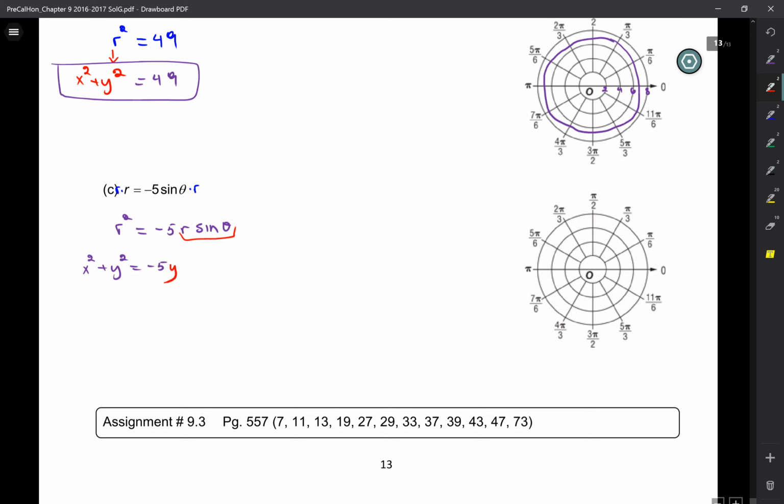Oh my gosh, look at that. r sine theta is equal to y. So now, sorry, hang on. It's x squared plus y squared plus 5y is equal to 0.